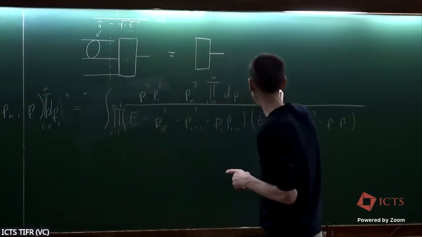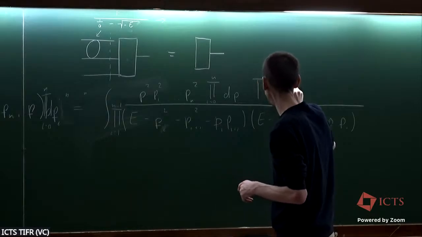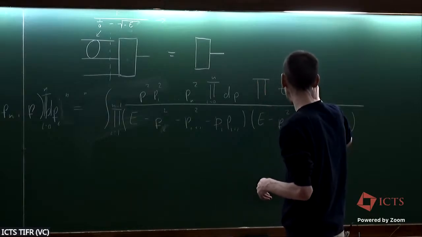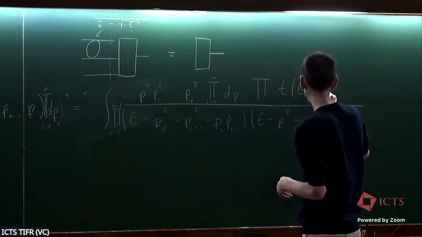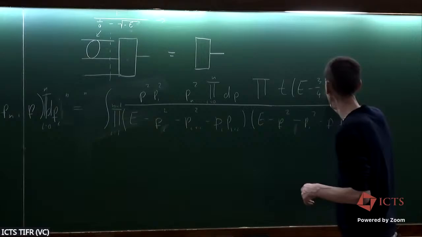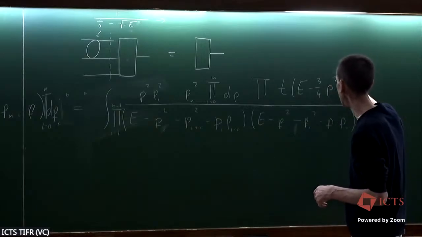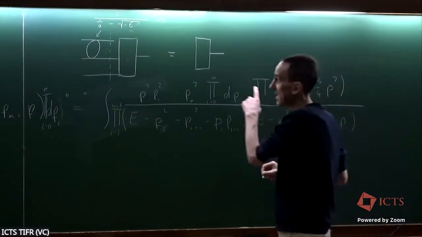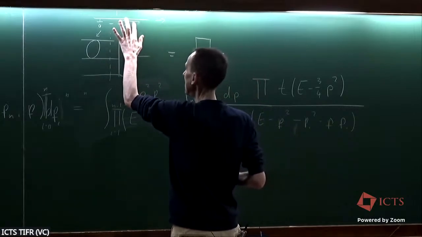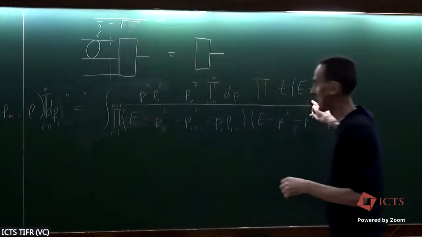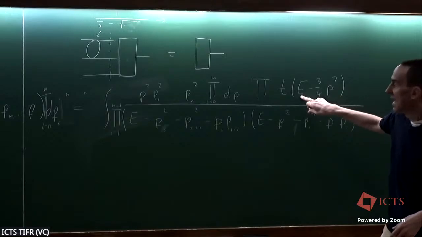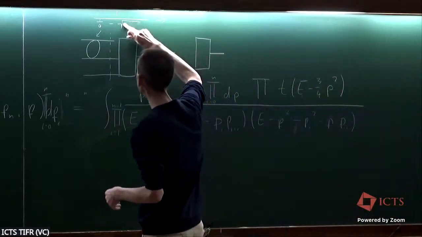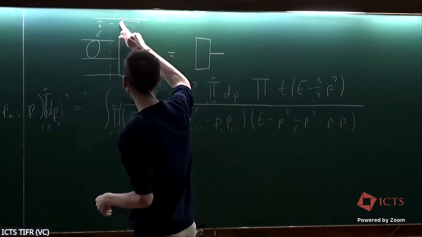So remember that we had here this product of T, E minus 3/4 of P squared. So I evaluate that here not at E, but at this energy. I take E to 0, and that leaves me with a square root of P squared.